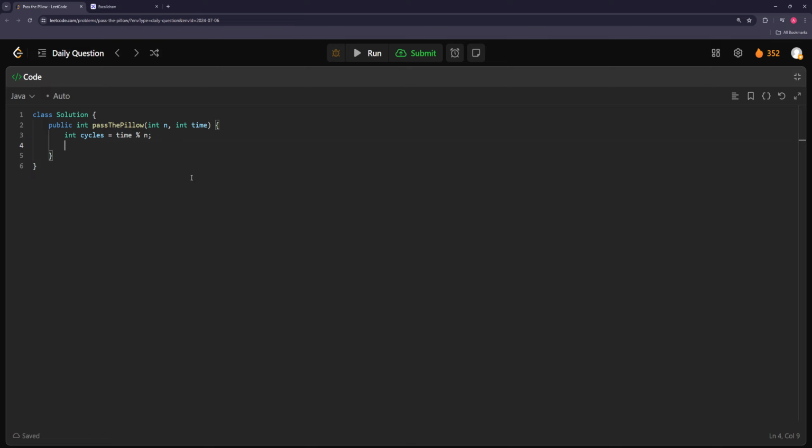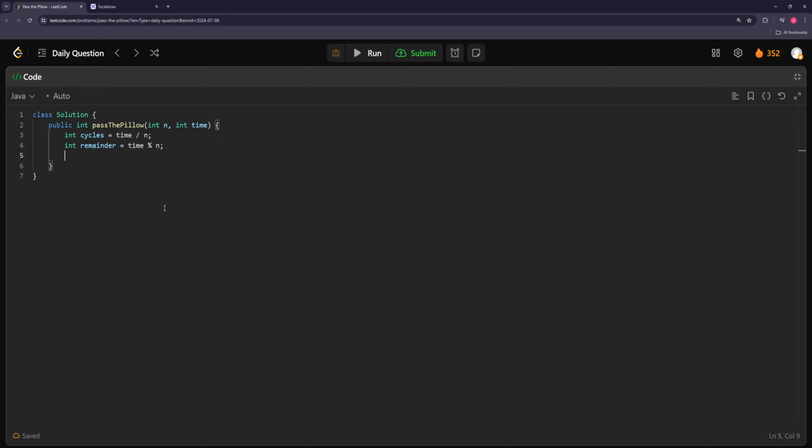Now we need the remainder. Actually, sorry, this is not that. This is this. So this is the number of cycles. So then we need to know the remainder. And that's time mod n.